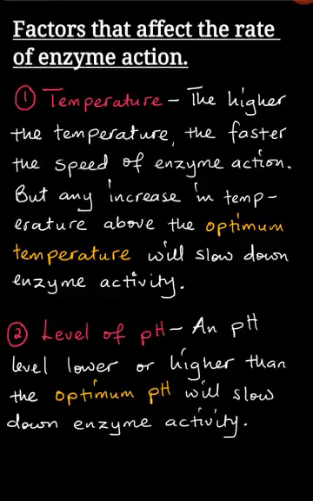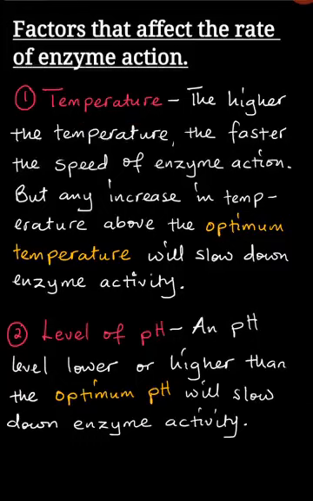Now, the rate of enzyme action simply means the speed at which an enzyme is working. So we are going to learn about factors that affect how fast or slow an enzyme works. The first factor that affects the rate of enzyme action is temperature.